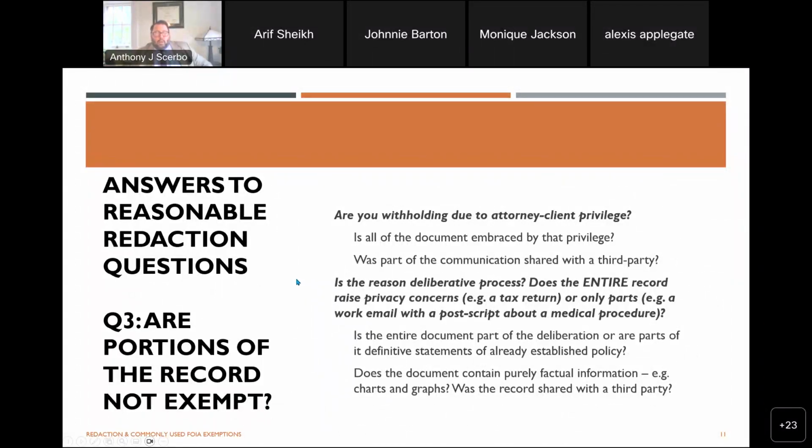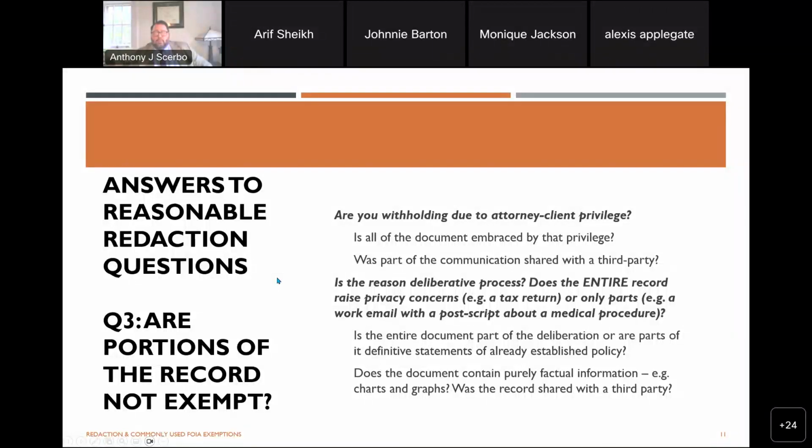Are portions of the record not exempt? The question there is, are you withholding due to, for example, attorney-client privilege? And is all of the document embraced by attorney-client privilege? Or was some part of that communication at any point shared with a third party, in which case we all know attorney-client privilege no longer would apply to the shared component.